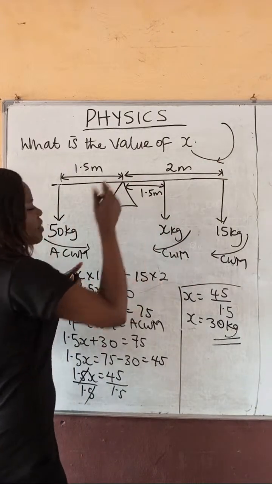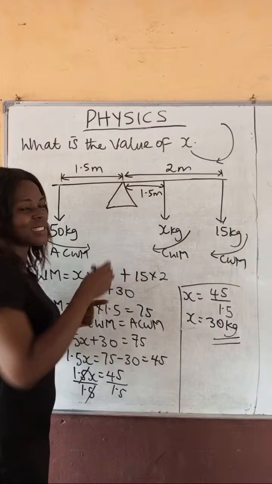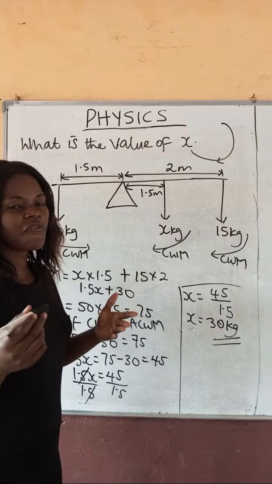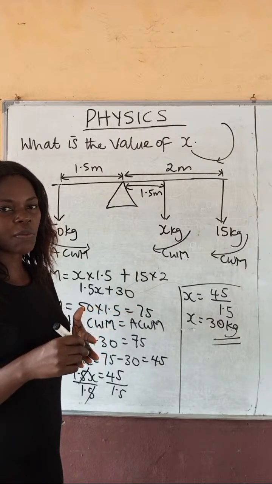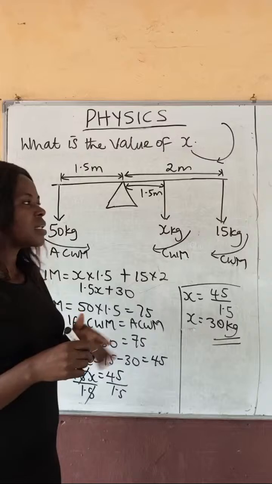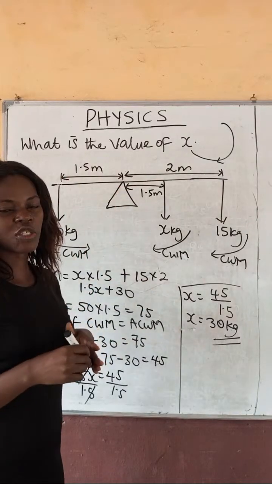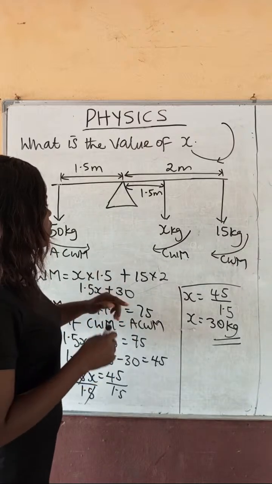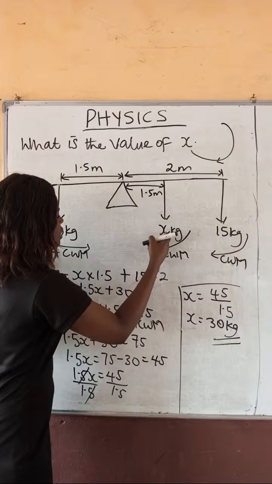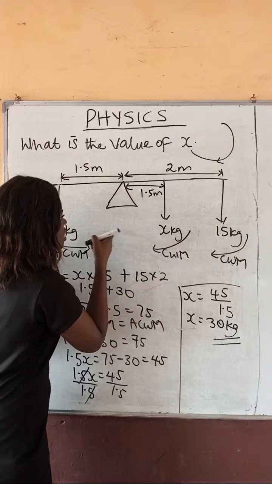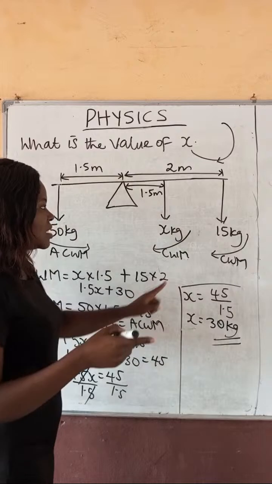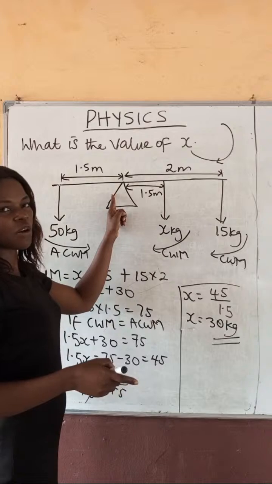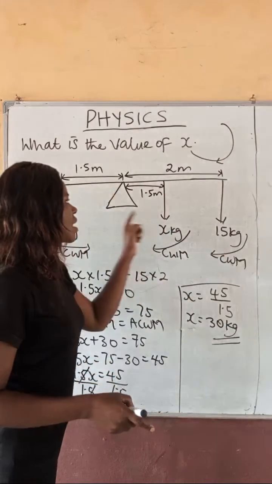From here, we are making respect to this pivot, which is the center of the meter rule or the bench on which the masses were hung. And before clockwise moments must be equal to anti-clockwise moments, the body must be in equilibrium. That means this bench must be balanced horizontally before we can talk about clockwise and anti-clockwise. So this force, with respect to this center, is going this way, which is clockwise. You know that moment is force times perpendicular distance. So the force here and the perpendicular distance becomes clockwise. The force here and perpendicular distance becomes clockwise.